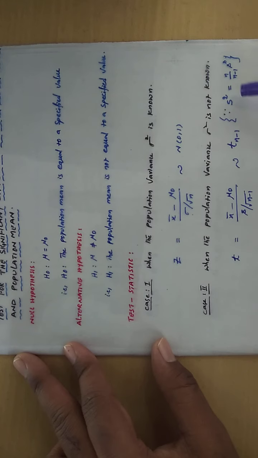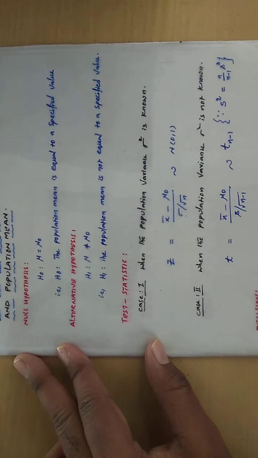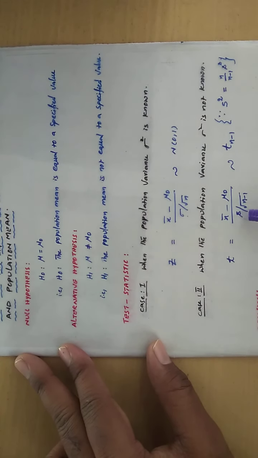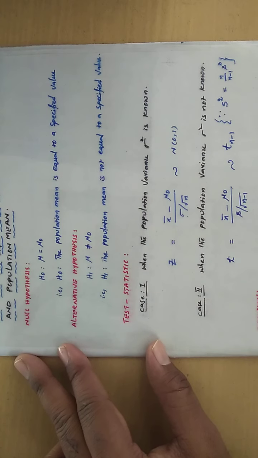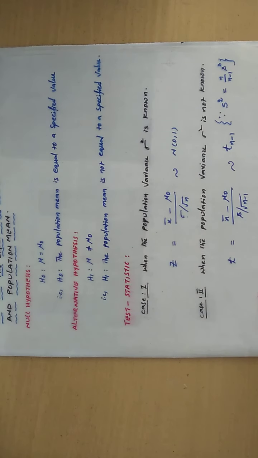Just for knowing the logic behind, I am giving you that explanation. But you know how to calculate s. s means the standard deviation: sigma xi square by n minus x bar whole square, under square root. That formula you are going to apply.